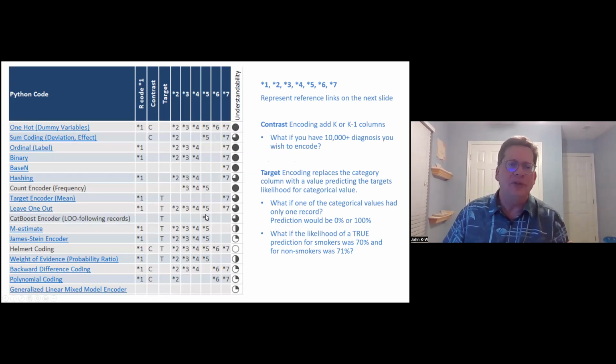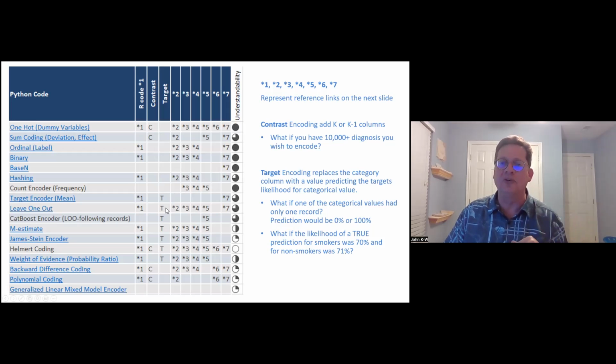Okay, and then this is a summary of the various encoding methods, whether they're contrast encoding methods or target encoding methods. Contrast encoding methods, that's when you have those K columns. If you have 5 t-shirt sizes, you're going to have 5 columns of encoding.